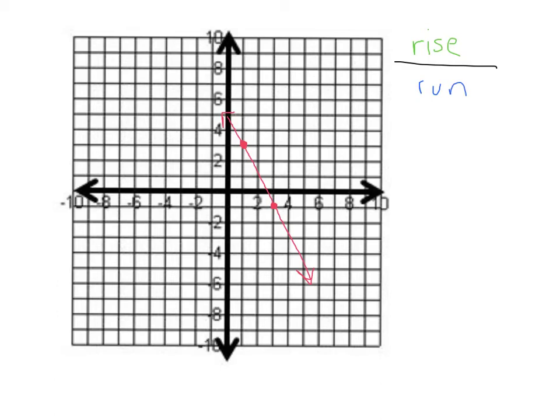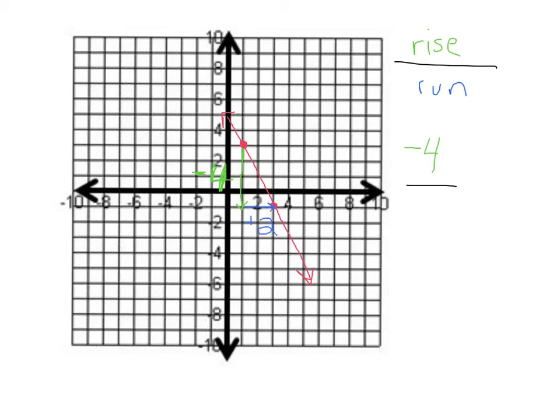So when I look at rise, I start here. I would have to go down, in this case, 1, 2, 3, 4 spots. So I go down 4 spaces, which I say is going to be a negative 4. And that's going to be over going to my right 1, 2 spots.